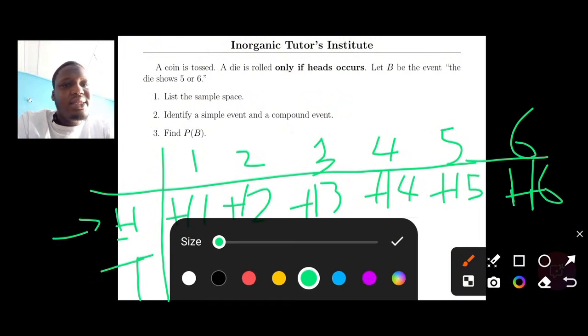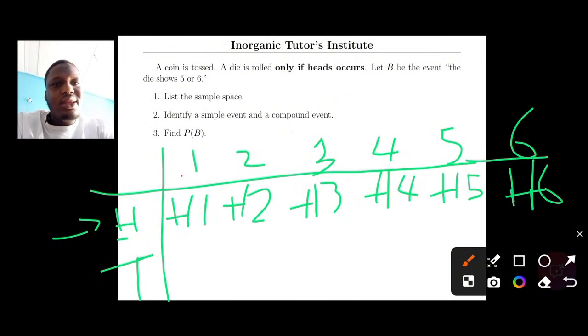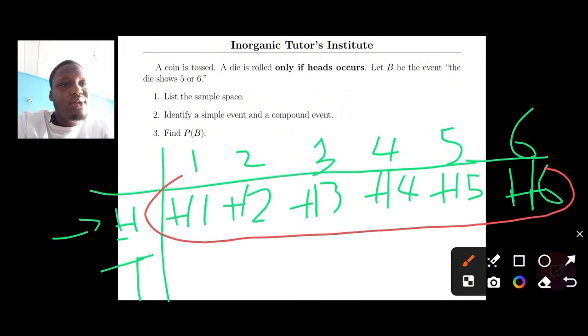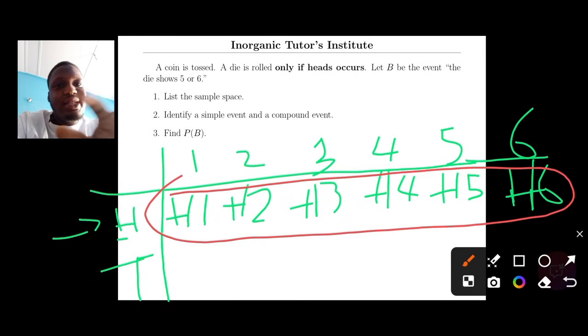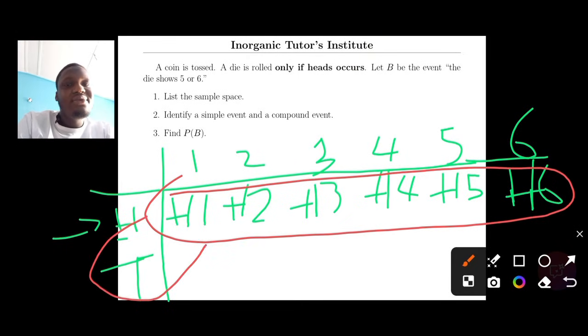Is the sample space this? Some way you are 90% there, but that's not the entire sample space, because there's a chance that you might get a tail. Just that after getting that tail, we don't add anything to it. You see how it behaves?